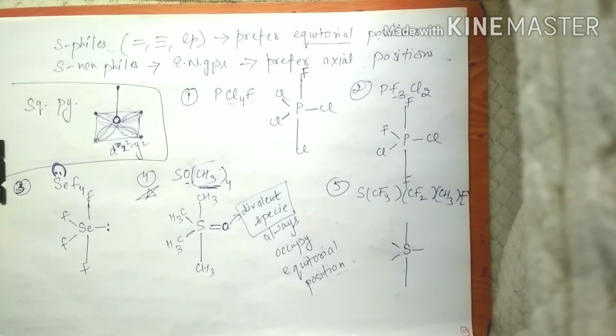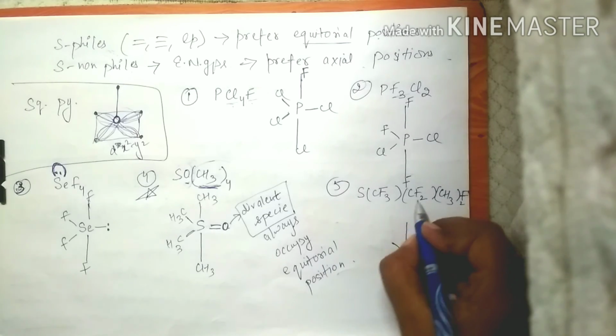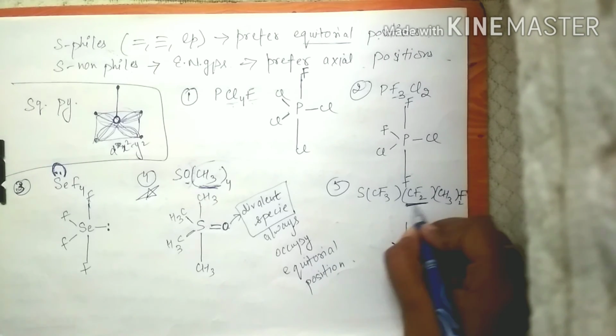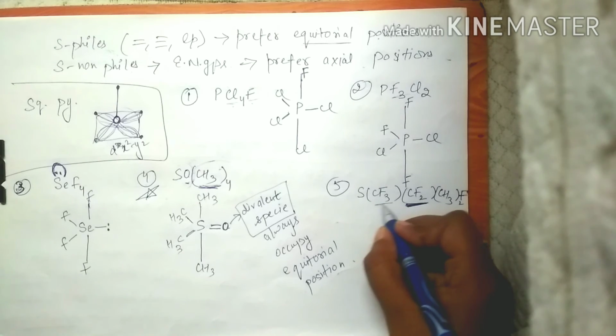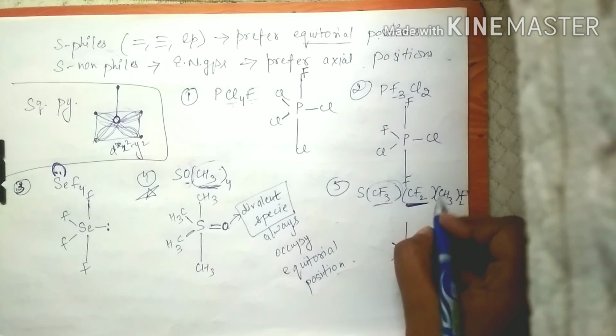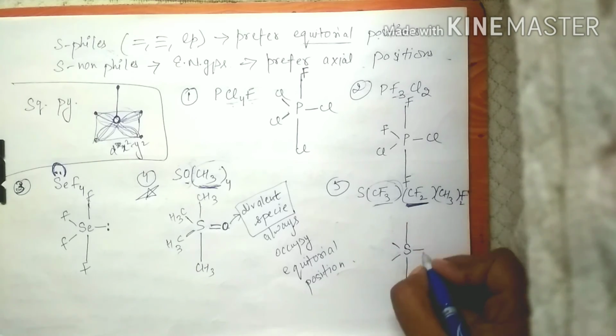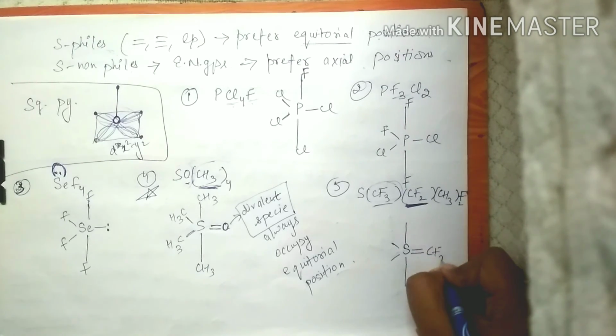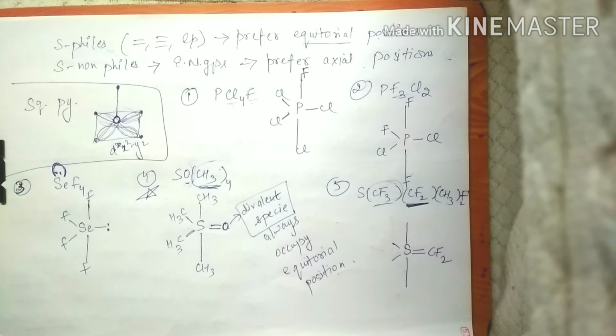Positions will be like this. Now first look for divalent atoms, divalent groups. So here your CF2 is a divalent group. This is not divalent. CF3 is not divalent. Instead it is an electronegative group, but CF2 is a divalent group. So first it will be placed here at the equatorial position.